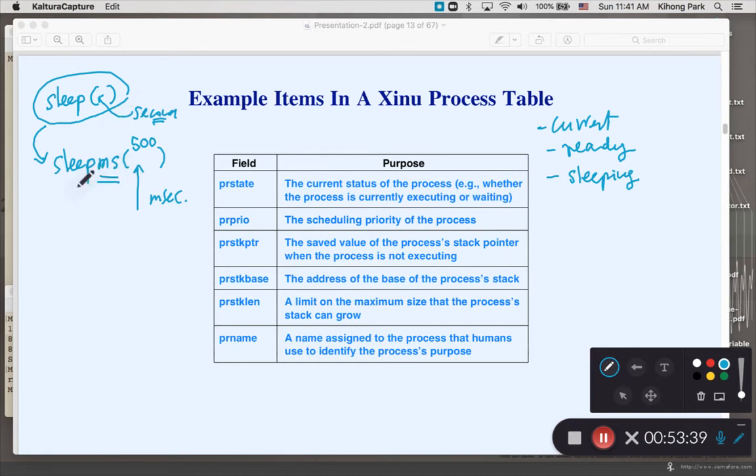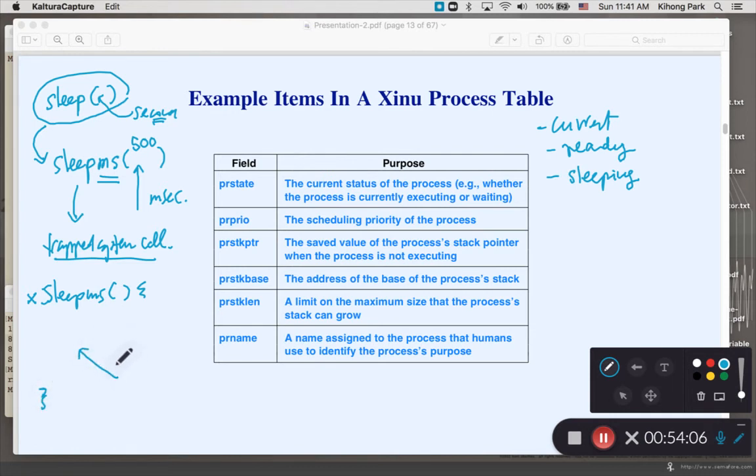So we have not implemented in lab 2 sleep MS as a trap system call, but you could. And if you did, it would mean that this would internally call sleep MS. So suppose that this is the true wrapper function now, x sleep MS, which is a true trap system call.